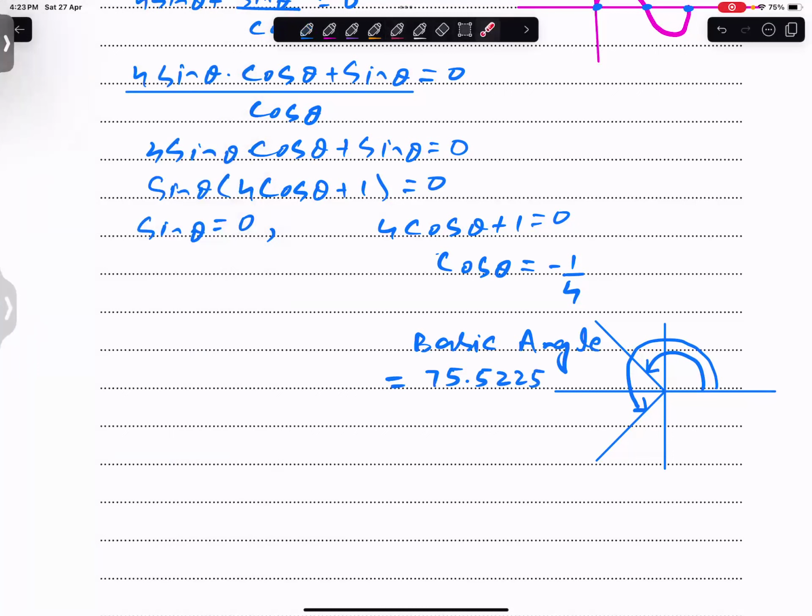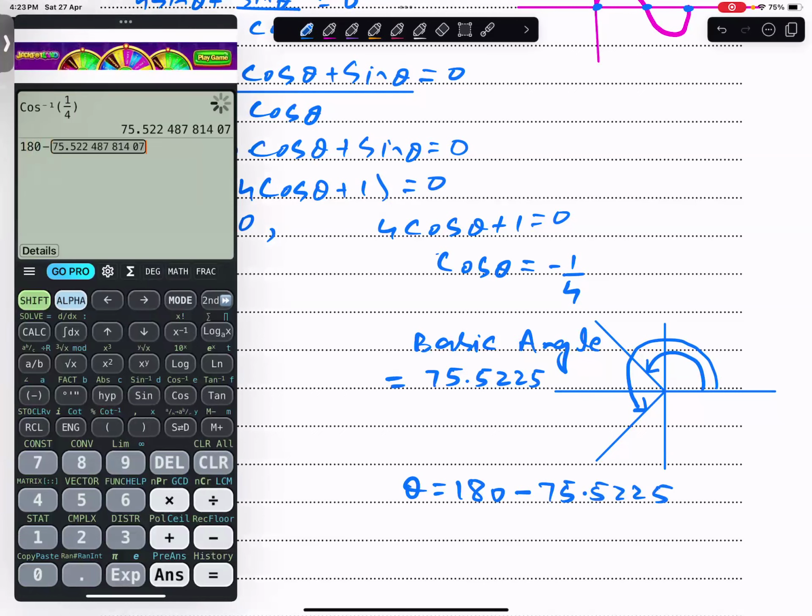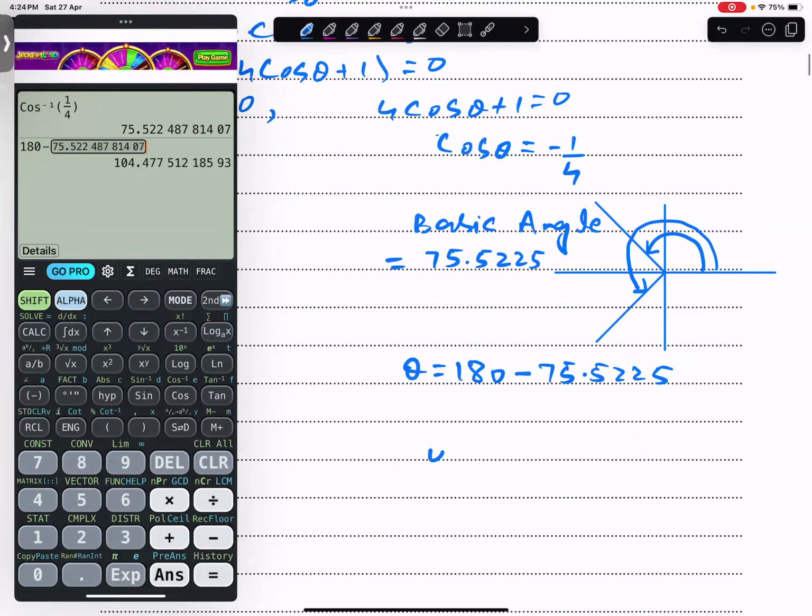So this is my possible answer, this first one. So my theta will be 180 minus basic angle, which will be 180 minus 75.5225. So my theta will be 104.4775. Okay. Or we can write it as 104.5 degree.